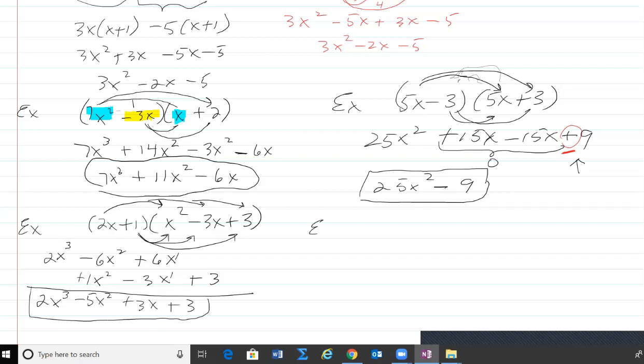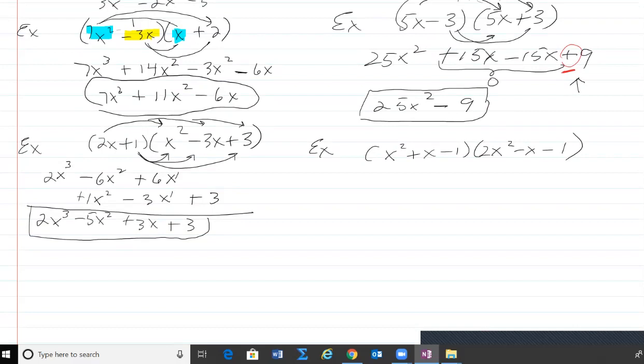Okay, let's see what happens if we take something a little bit nastier, like say x squared plus x minus 1 times, I don't know, let's say 2x squared minus x minus 1, like that. Okay, so keep the numbers small, but it just means we got to do 3 things times 3 things over here.